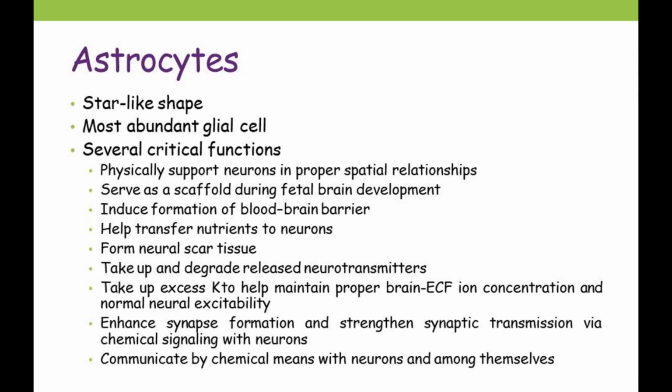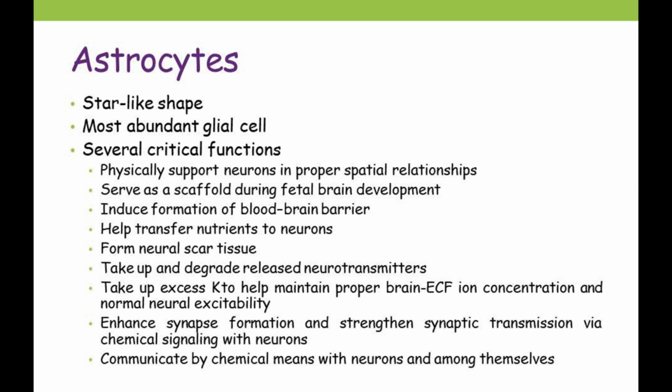The astrocytes, as the name suggests, are star-shaped and the most abundant of the glial cells. They have several critical functions, including physical support for the neurons. They serve as scaffolds during fetal brain development.